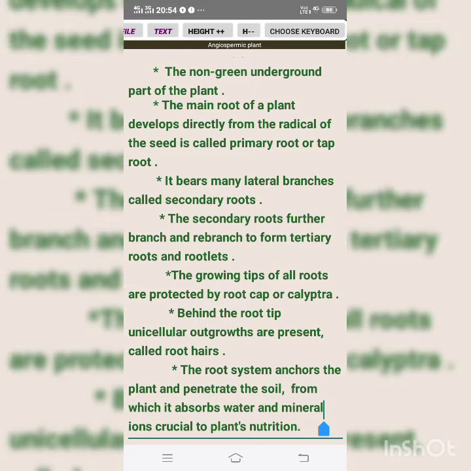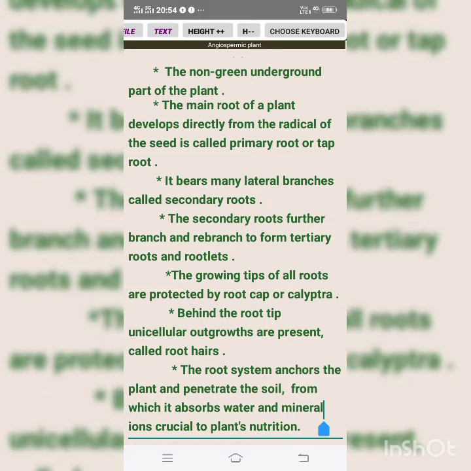We know a plant requires nutrition like minerals and water. So the roots are the part which absorbs these minerals and water from the soil for the plant.